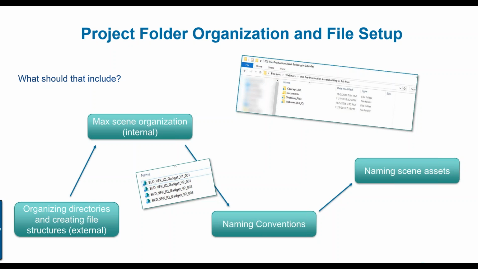So it makes selecting things in your scene a little harder, maybe not for yourself if you're familiar with the file, but if you're passing it off to another user, it might be difficult for them to sort through your scene and find the object or the asset they're looking for to maybe make edits to or reference. So that's really important as well.